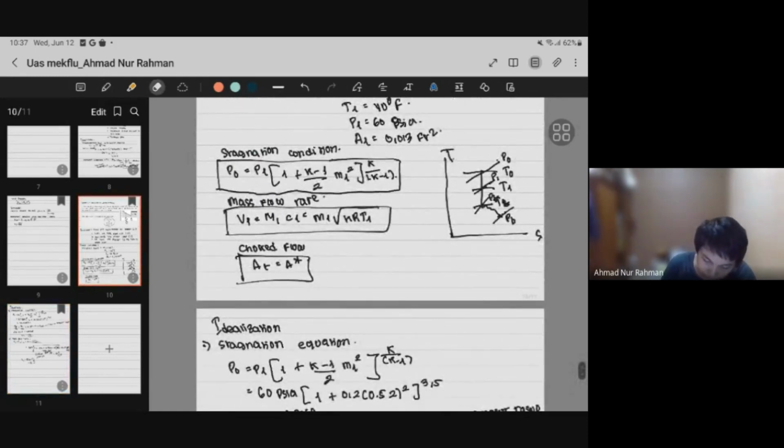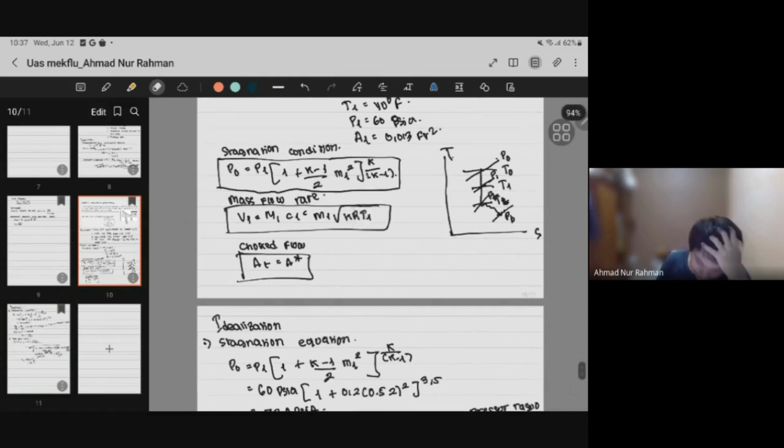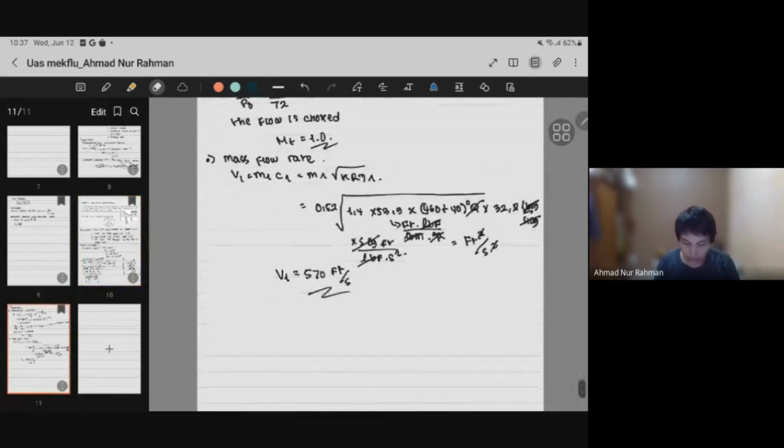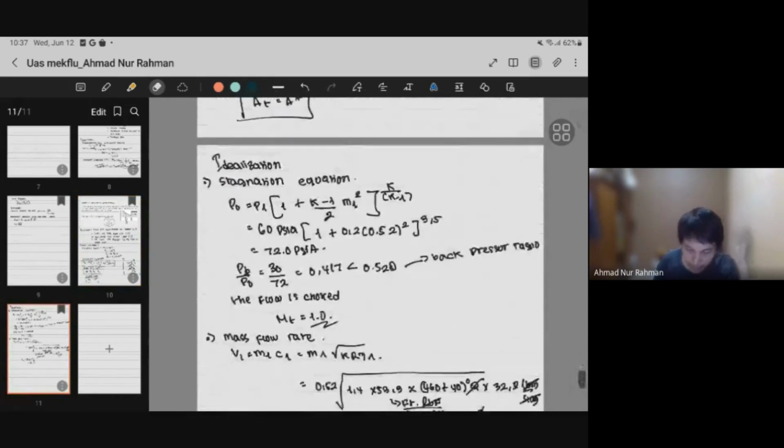Oh, sorry. To find the flow rate, we need to use not this equation, but we need to use m dot equals rho1 times V1 times A1. This is what we need to use to solve the mass flow rate.